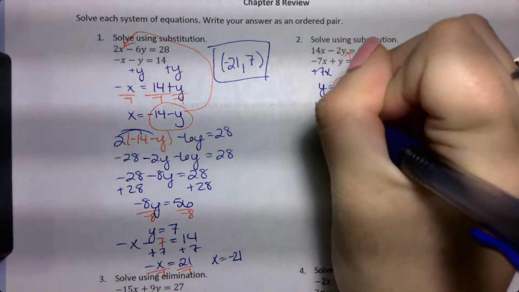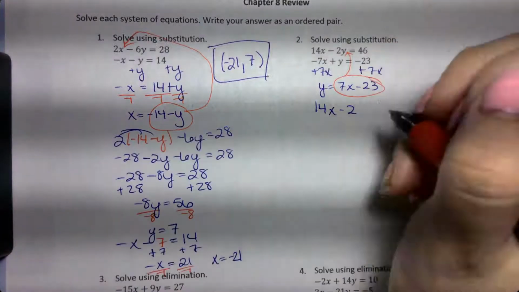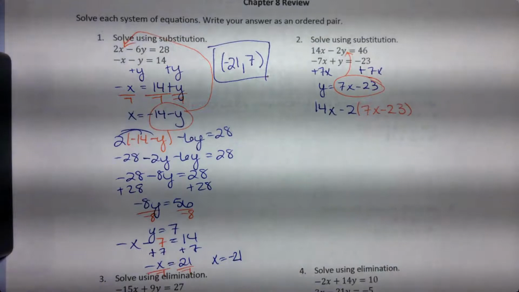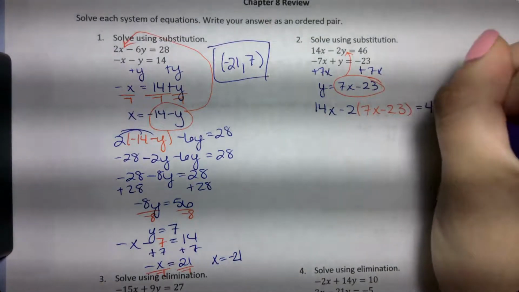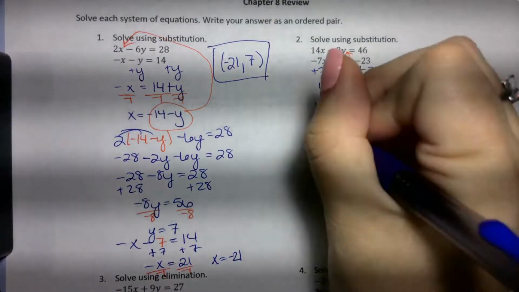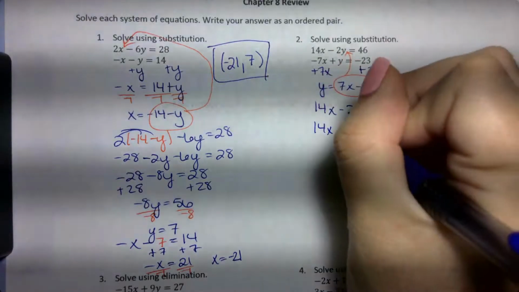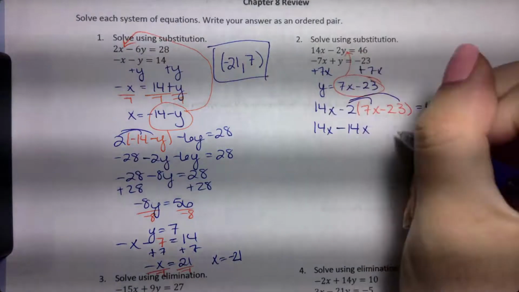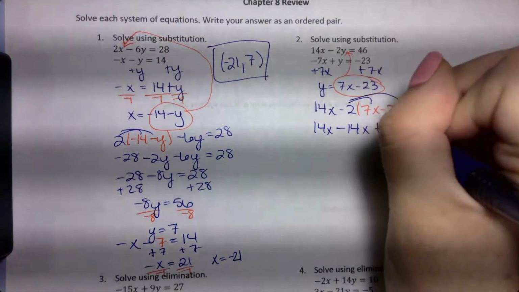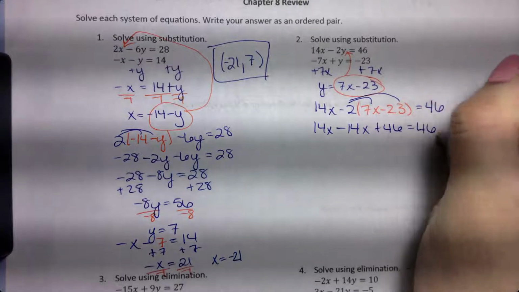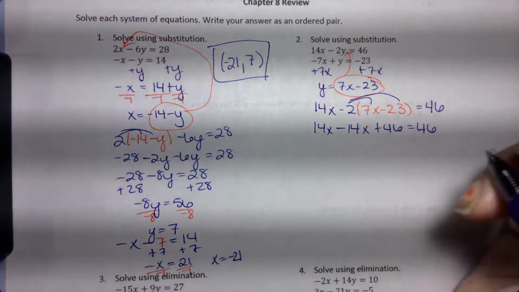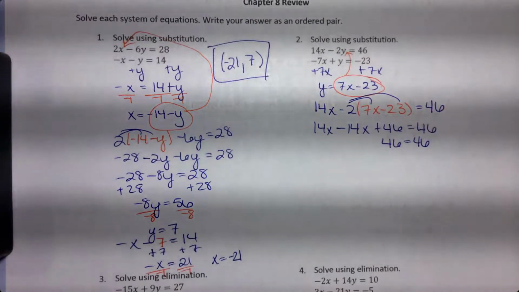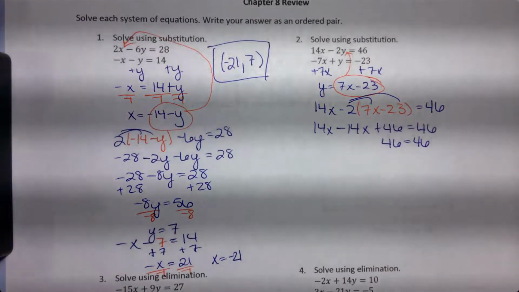So I have 14x minus 2 times that 7x minus 23, which equals 46. I'm going to go ahead and distribute that negative 2. So I get negative 14x plus 46 equals 46. My 14x's will cancel out, so I have 46 equals 46.